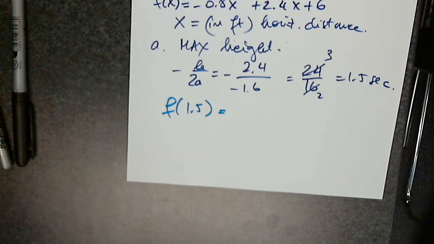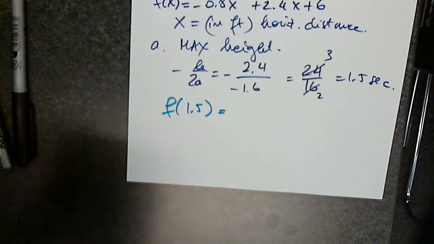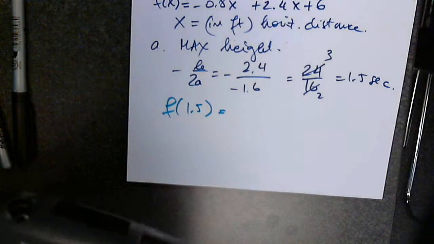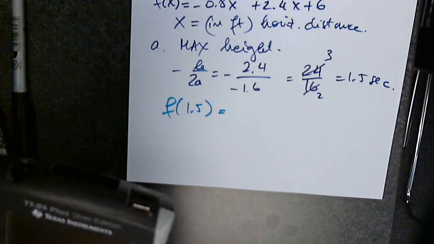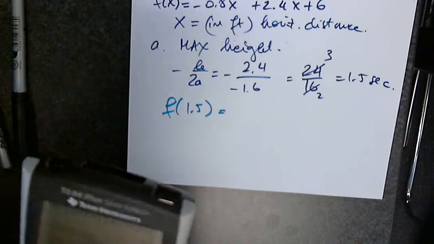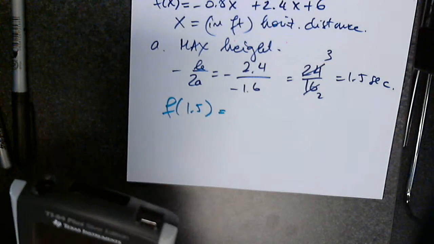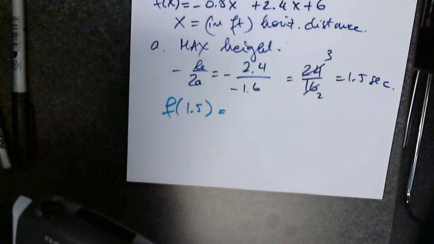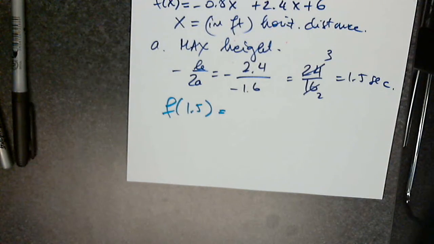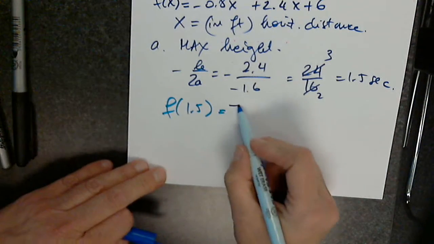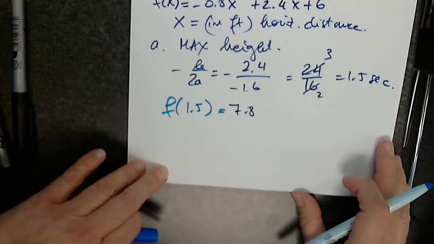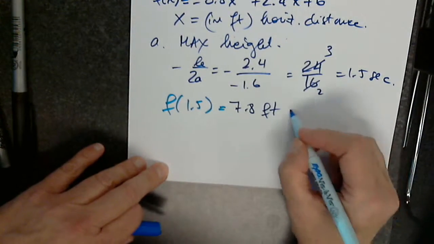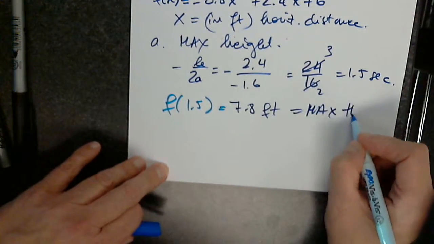Okay, here it is. So negative 0.8 multiplied by 1.5 squared, plus 2.4 times 1.5, plus 6. And I got 7.8. Measurement unit, please. Very good. So this is the maximum height.